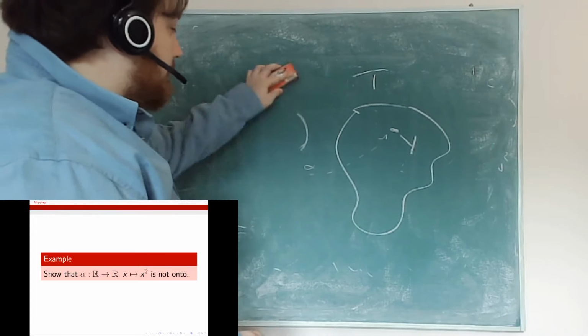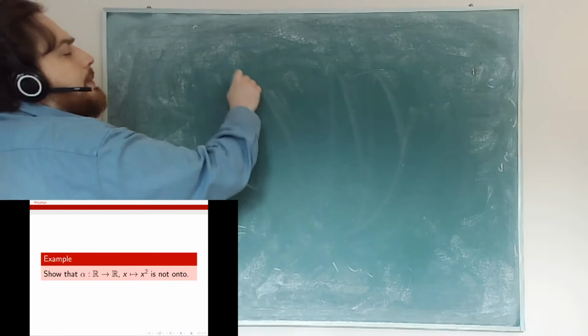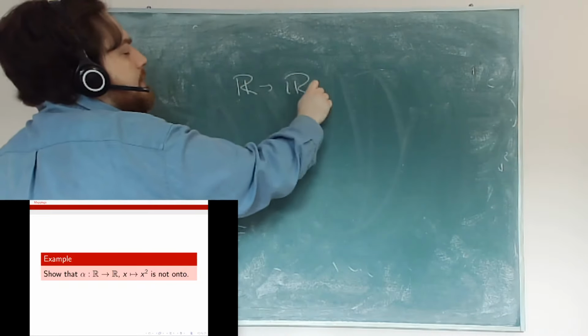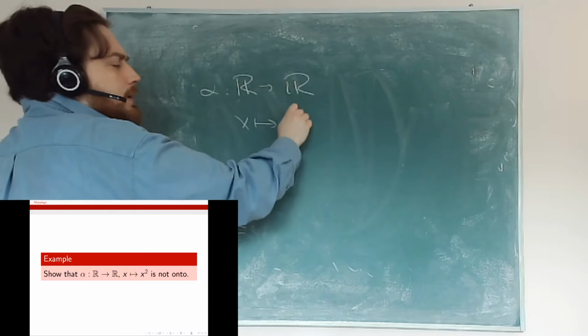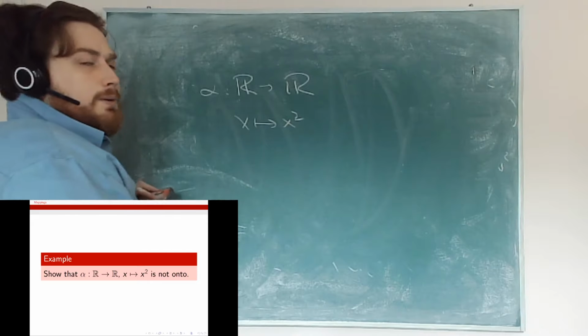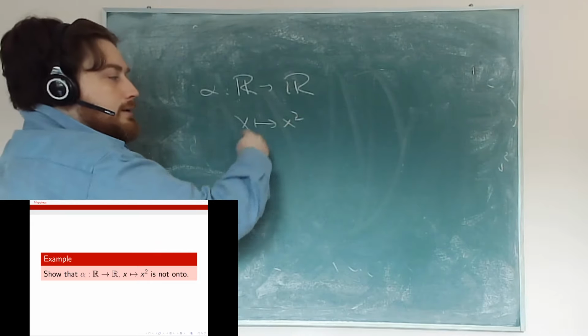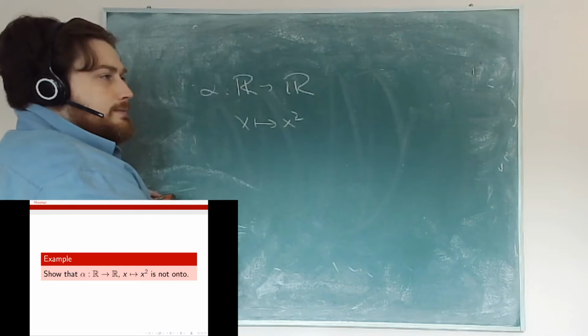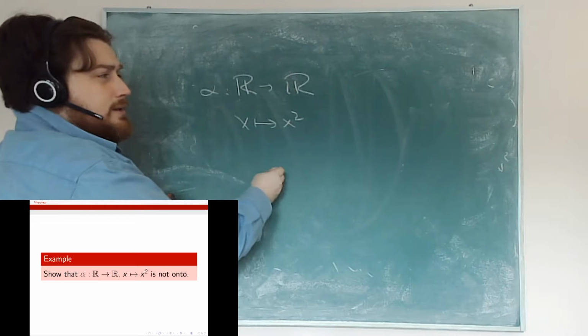Alright. So what I have here is I'm mapping the real numbers to the real numbers, where x is mapped to x squared. And if I want to show that's not onto, I have to find something that is not in the range. So let's just think about what is in the range.